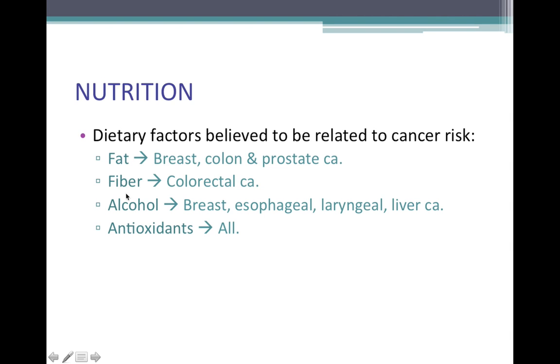Things like alcohol use are related to breast, esophageal, laryngeal, and liver cancer. And what's interesting too is that antioxidant use is linked up with all cancers. Now, there's still some debate about how antioxidants play a role in cancer development. Antioxidants in a moderate amount help prevent certain cancers by helping out with the health of cells.